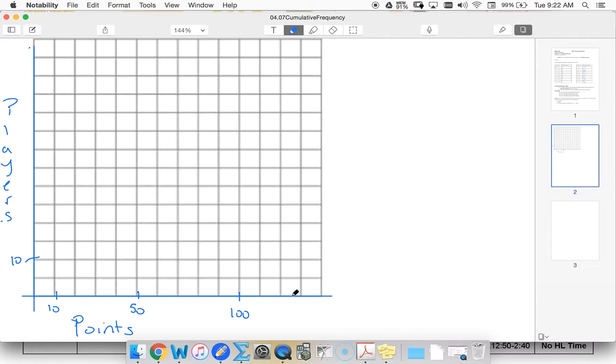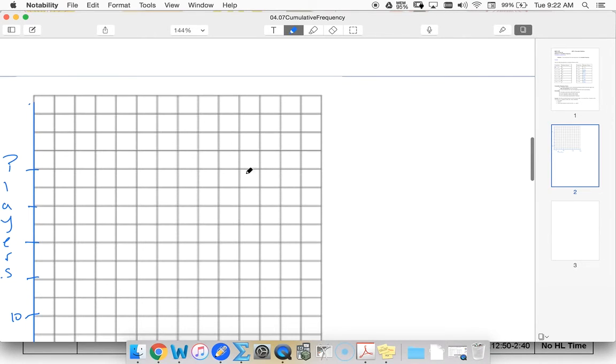And I know that my maximum was 140. And now I'll have 20, 30, 40, 50. And let me see. I don't actually have enough space on mine, because I know that I have to hit 60, 70, 80. So I really need a little bit more graph space.